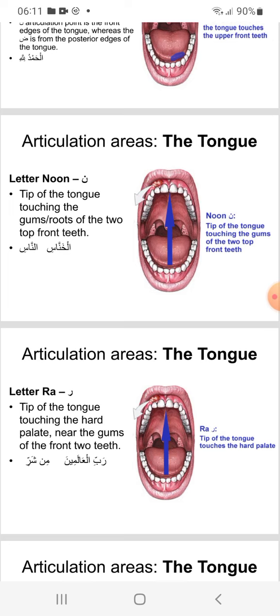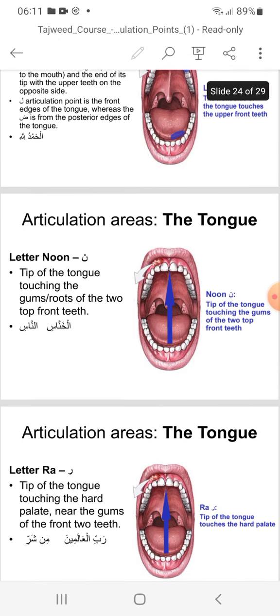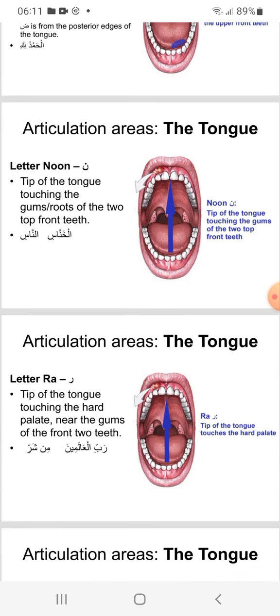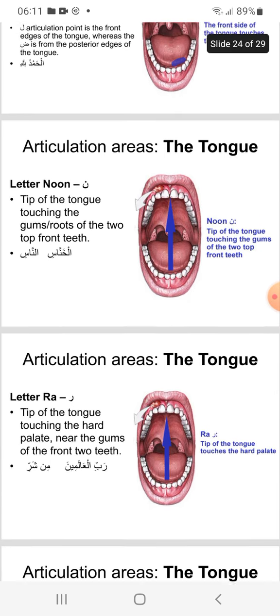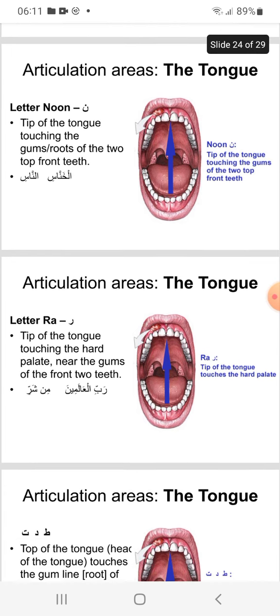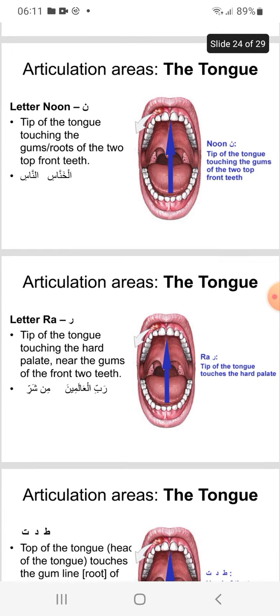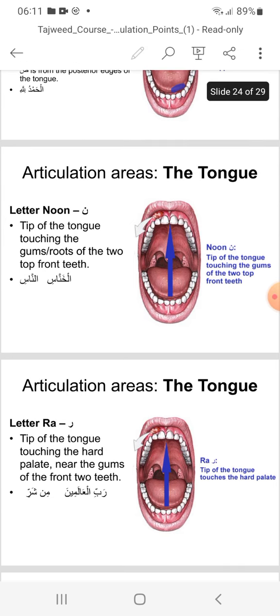So in the case of the ra, we are not using the whole tip, just the sides of the tip, and this makes a gap in the middle of the tip of the tongue, which helps you keep the sound running in this gap. The deviation we took before with the lam happens also with the ra, and the sound will run in this gap. So this is the difference between the noon and the ra.